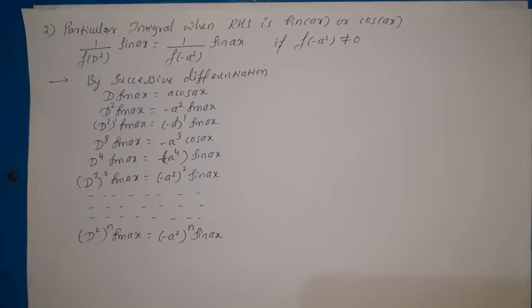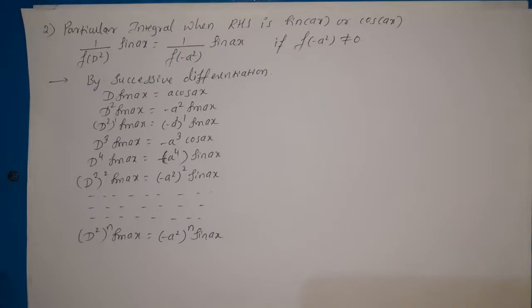If it is minus a square, then after squaring the number we apply the negative sign, and minus a whole square means first we apply the negative sign and then square, which will again be a positive quantity.